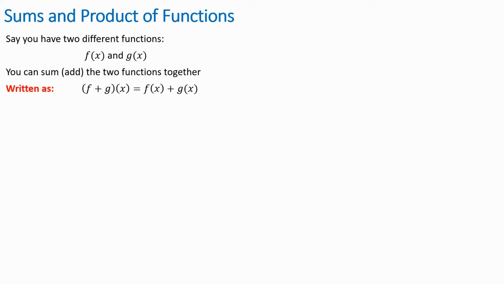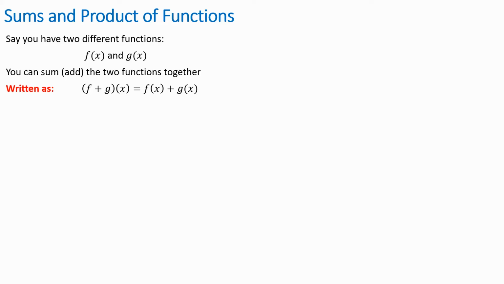If I have f of x, which is one function, and I add another function g of x, you can write it in notation as bracket f plus g, function of x. So bracket x. That is the same thing as saying f of x plus g of x. Okay? That also means that you can do subtraction of functions as well. It's just that we don't do that.